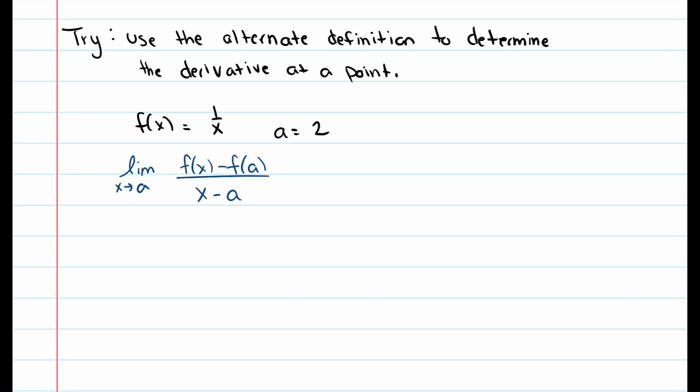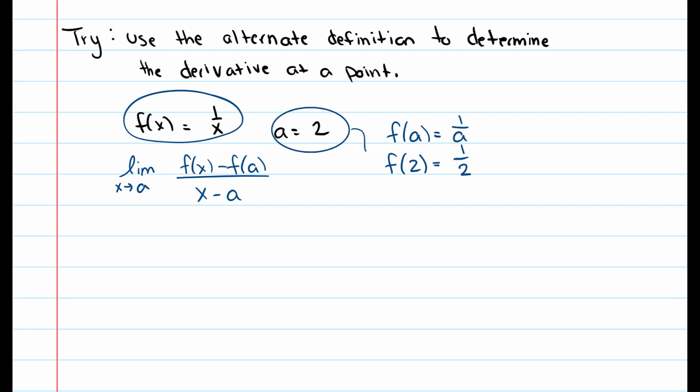So just on the side, we have that f of x is 1 over x, and f of a is 1 over a, so f of 2 is 1 over 2. And this is because a equals 2, so I substituted in for a.